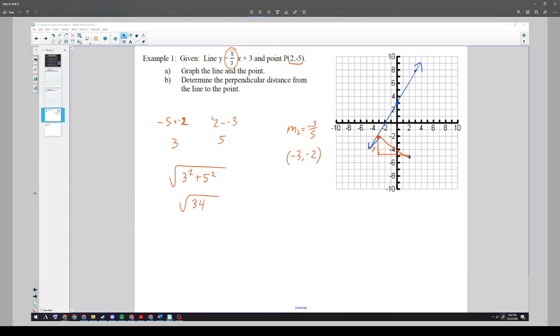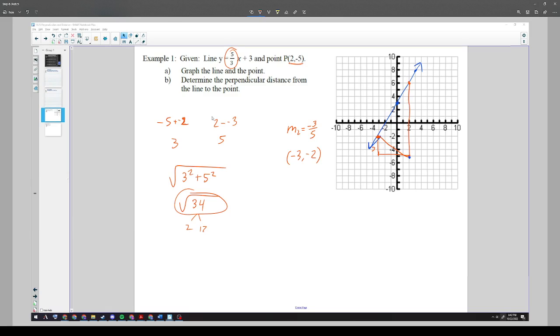Then we need to check if we can simplify. 34 is made up of 2 and 17, which are both prime numbers, so there's no way to simplify this radical. So the square root of 34 is going to be our distance from that point to that line. And remember, that's a minimum distance. We could travel further, so we could go straight up vertically until we hit the line.